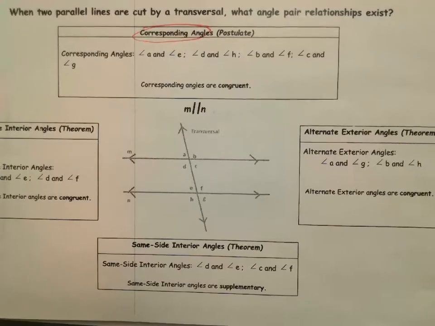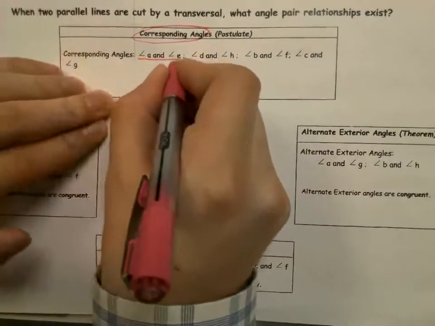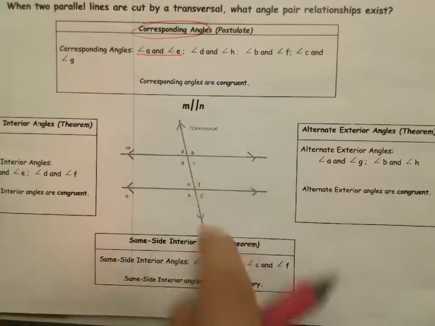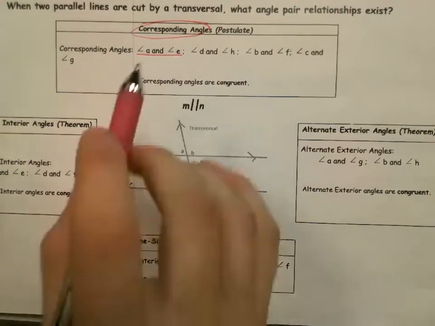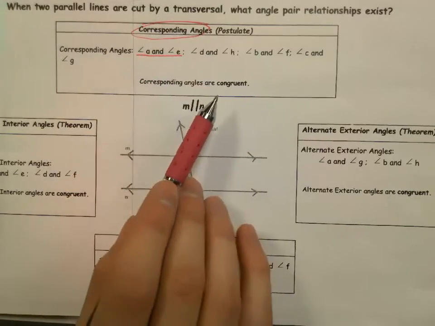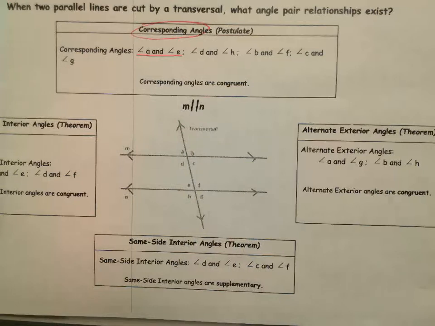Okay, now let's talk about A and E in these parallel lines and transversals. So M is parallel to N, and we have the transversal going through it. Corresponding angles, okay, are congruent. They're angles that are on the transversal and on the parallel line.